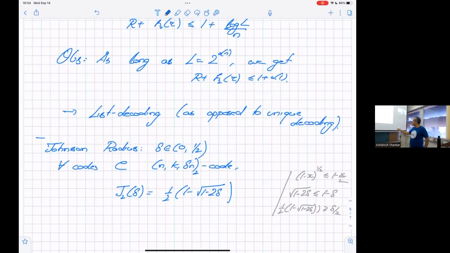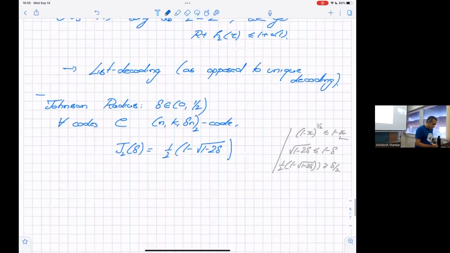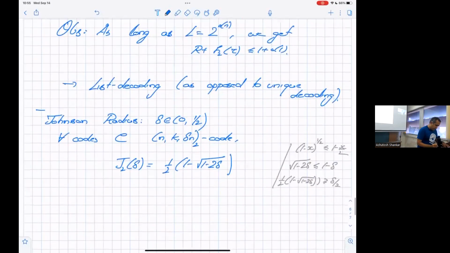What Johnson shows is that up to this radius, for every code which has distance delta, the list size is polynomial. That is, he shows that for all C in the code, the ball of radius J2(delta) times n around C intersected with the code is at most polynomial.